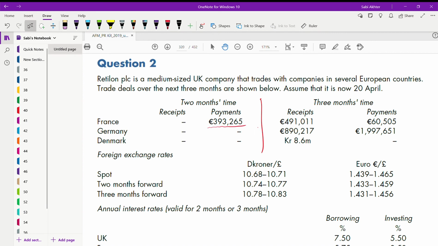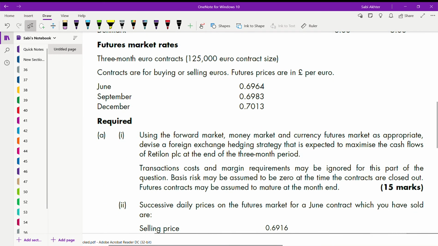This is the 2 months payment. But here you can hedge. For France, you can hedge. For Germany, you can hedge the 3 month. You can deduct your payments from your receipt. You're not hedging each and everything. That's why you have different rates for each. You'll see question 2 properly.